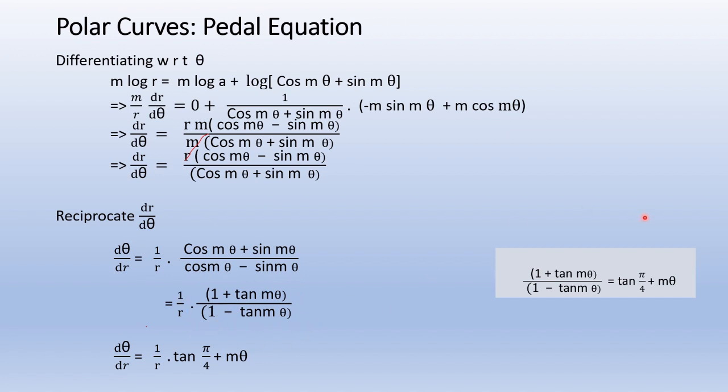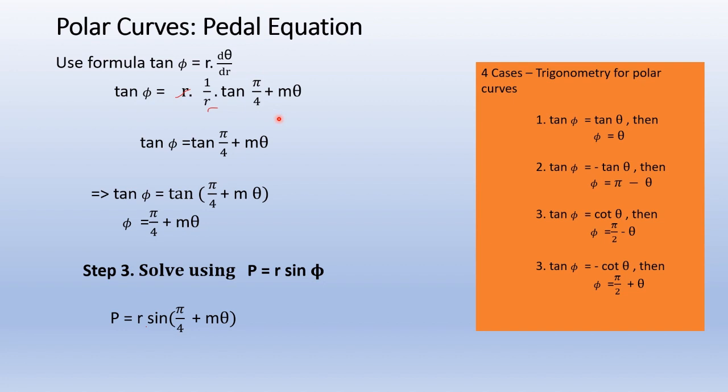Using formula tan phi is equal to r d theta by dr, substitute the value of d theta by dr, simplifying, we get tan of pi by 4 plus m theta. By trigonometry property of polar curves, if tan phi is equal to tan theta, then phi is equal to theta. Hence here, phi is equal to pi by 4 plus m theta.